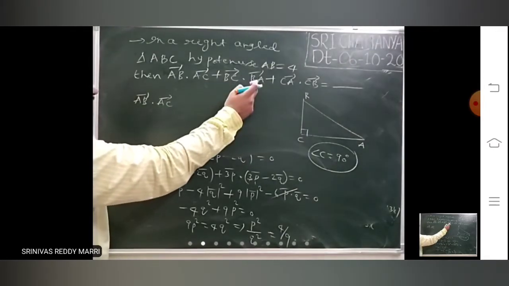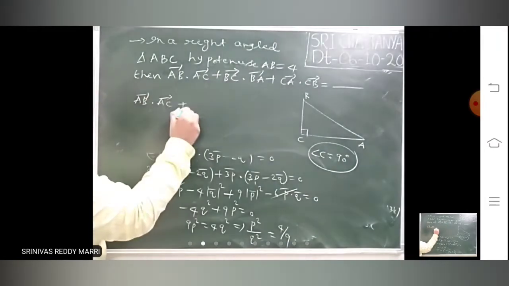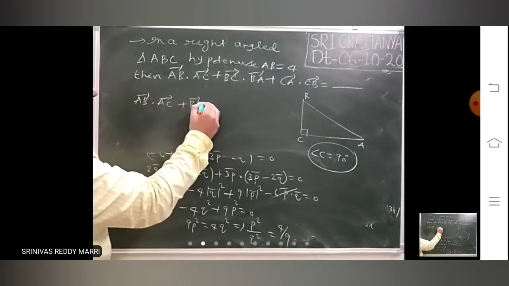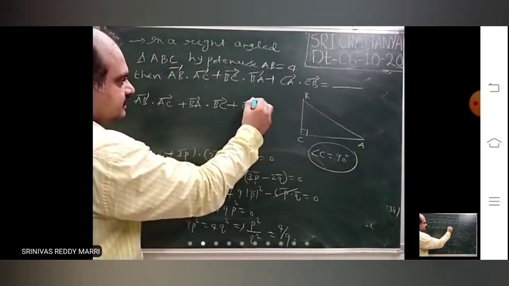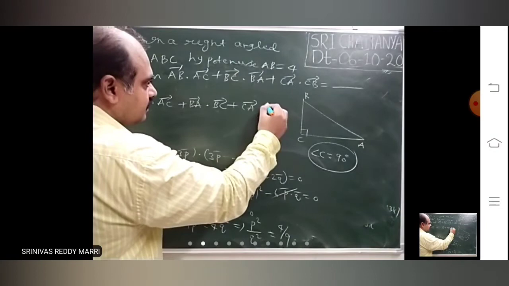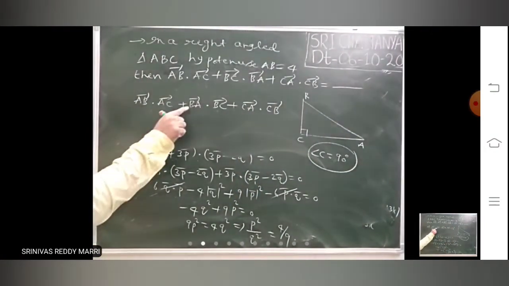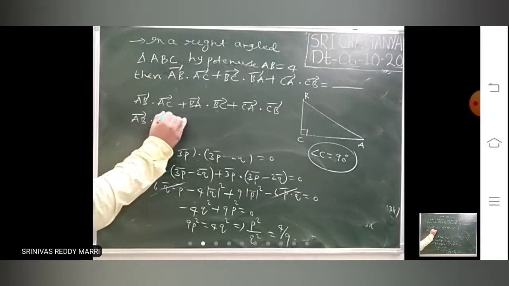This left hand side AB bar is there. This left hand side you bring. So A dot B is nothing but B dot A plus this. Now look at, BA bar is nothing but minus AB bar.